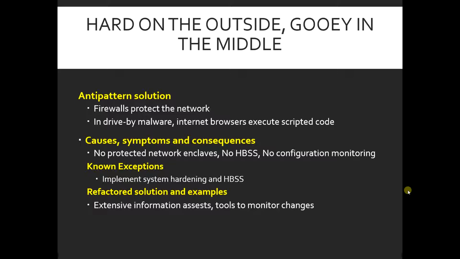Some of the known exceptions are that for small networks, say less than 50 users, a traditional network architecture might be workable, but additional measures such as system hardening and HBSS need to be implemented. The refactored solution and examples.